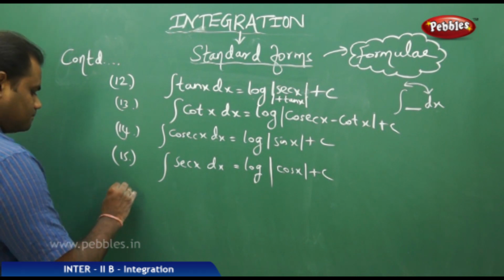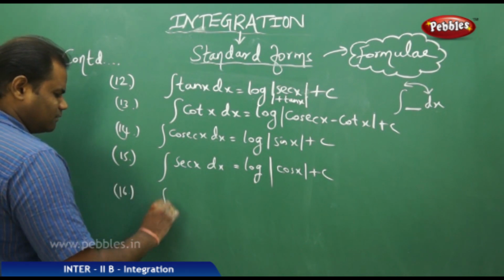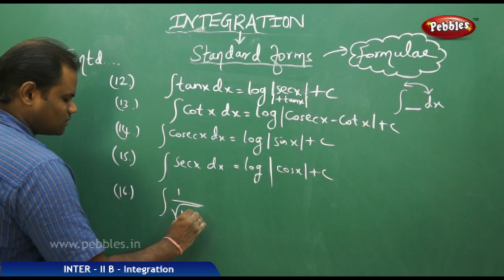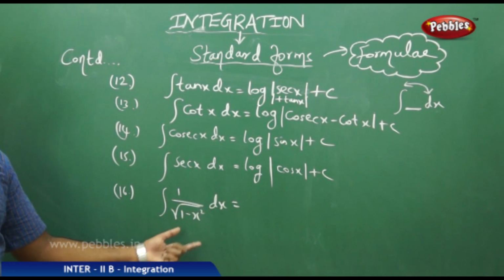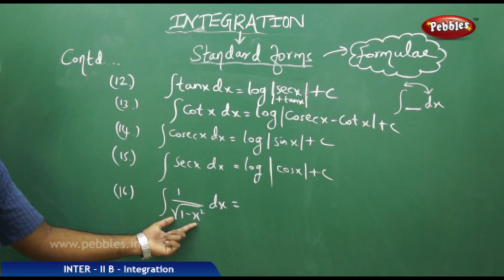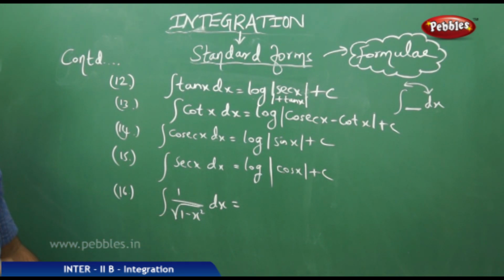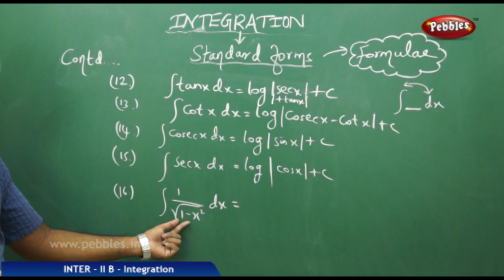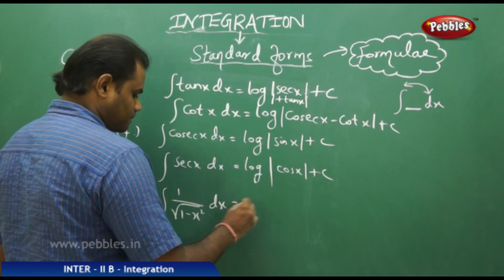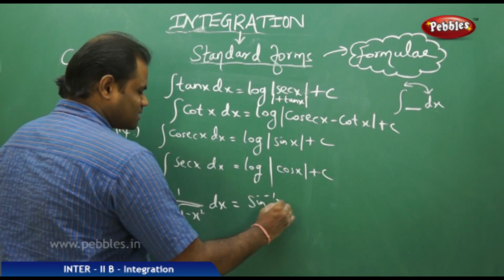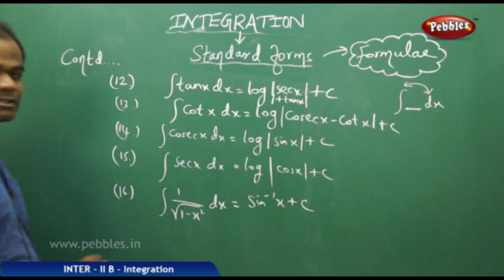And then we have integral 1 by root 1 minus x squared, and of course x is assumed to be between 1 and minus 1, since we don't have the value outside of 1 and minus 1. So with this I get sine inverse x plus c.